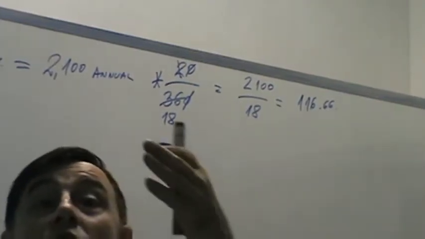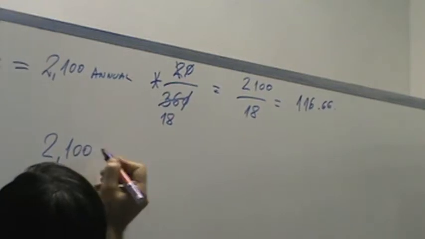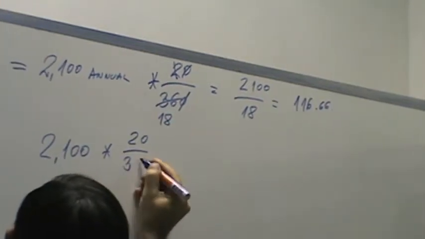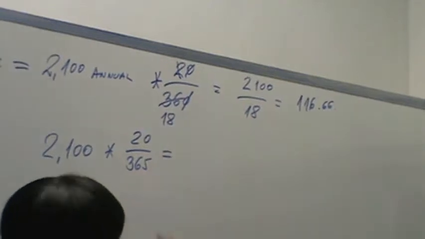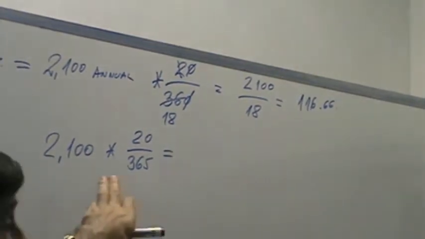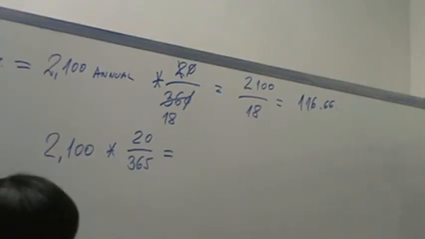So let's now recalculate. If it's 2,100 multiplied by 20 divided by 365, what is the calculation now? iPhone? 115.0684.